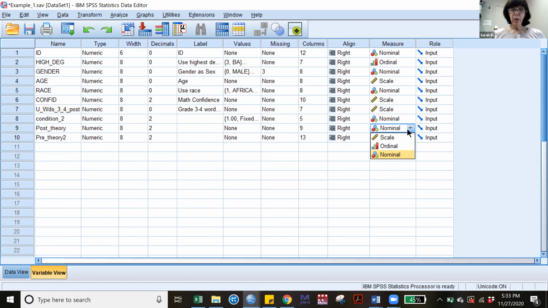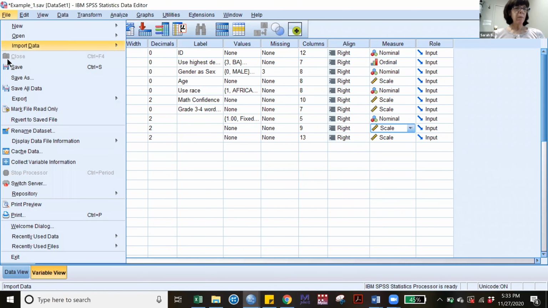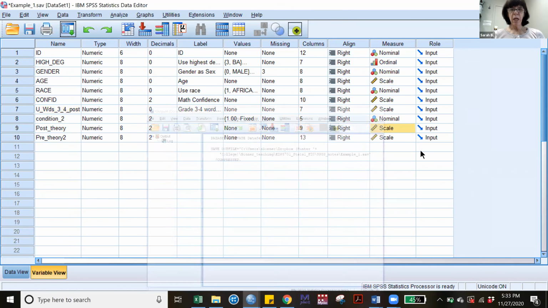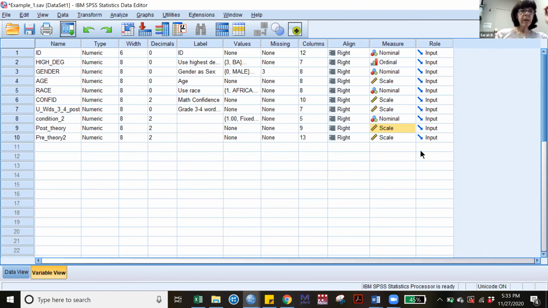And this post theory has been incorrectly named in the data set, so we're not going to worry about that. I just changed that. So first, we're going to look at the ordinal or categorical variables.